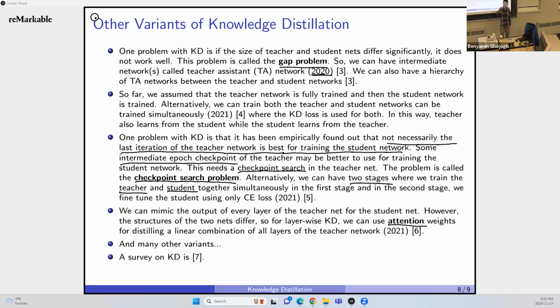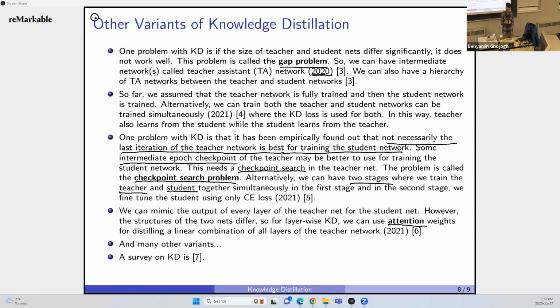Now you tell me, assume I want to, rather than loss between the outputs of the teacher and student, have loss between all layers of the student and all layers of teacher. But this doesn't make sense because the number of layers in the student is much less than the number of layers in the teacher. So what should I do?